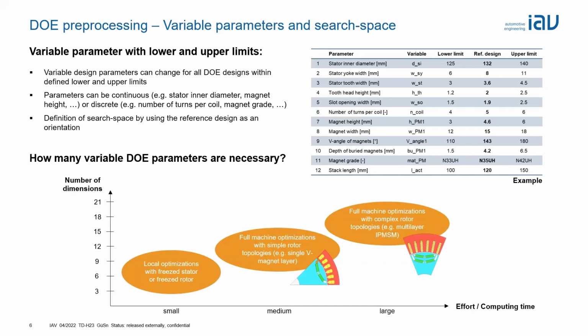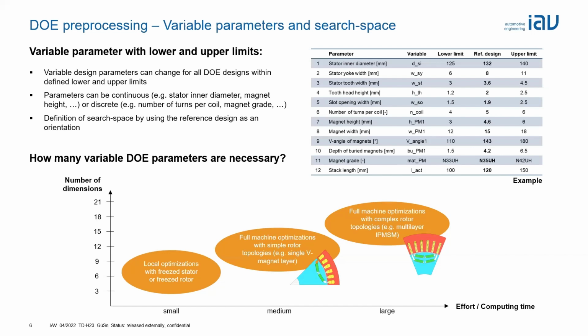It is also of interest to see the correlation between the number of dimensions and the effort and computing time. Here you see three different typical setups. The first one would be a local optimization with a free stator or frozen rotor.